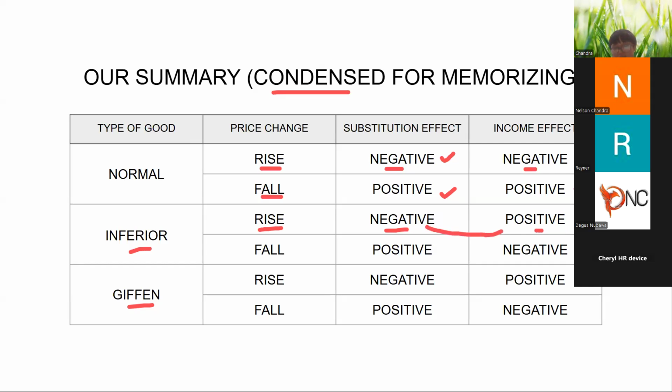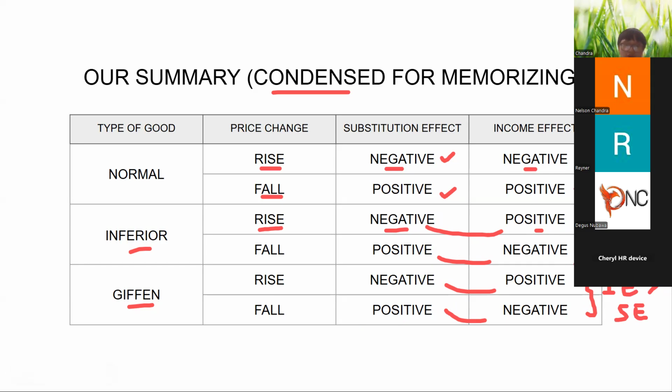This will always be different when it comes to inferior and Giffen goods. That is what we can say. But for Giffen goods, the income effect is greater than the substitution effect. That is for Giffen goods.